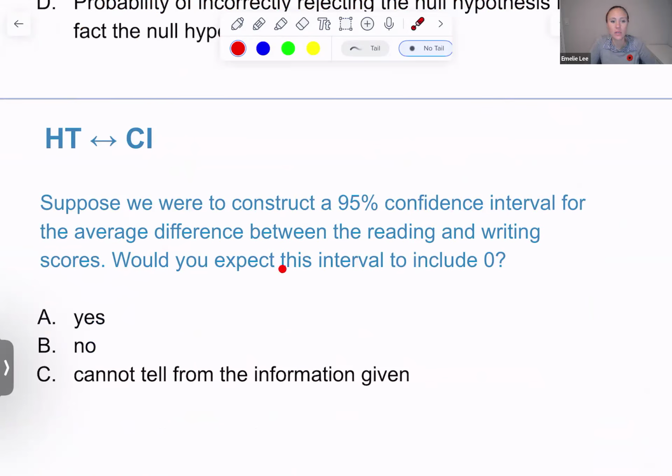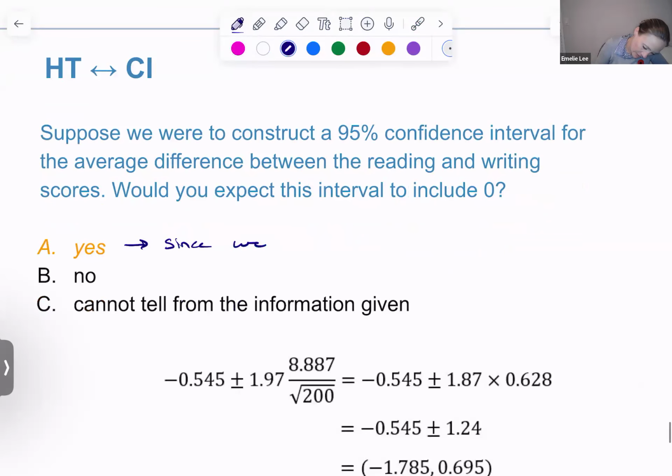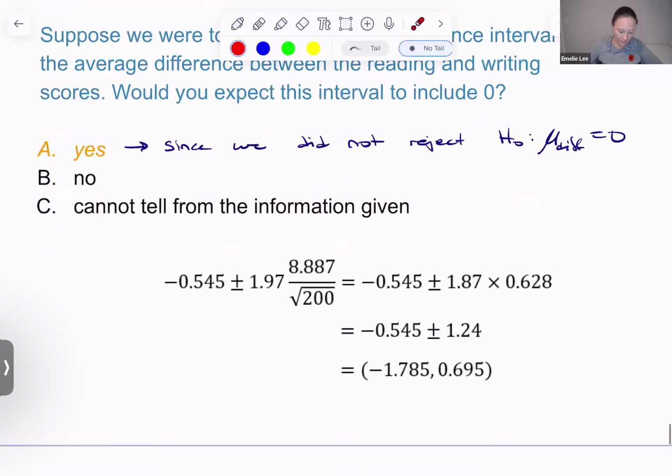You would, because we found that we didn't have enough evidence to reject H naught. Yes, since we did not reject the null hypothesis, which said that mu diff is equal to 0. So there's that link.